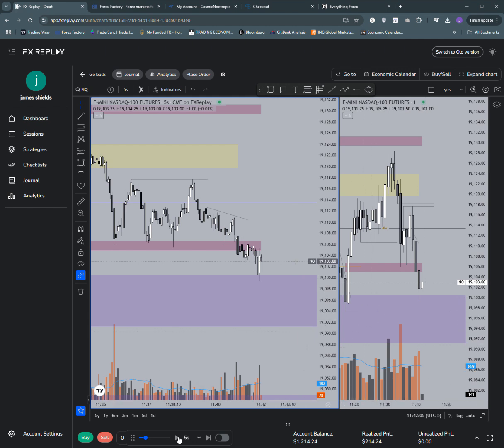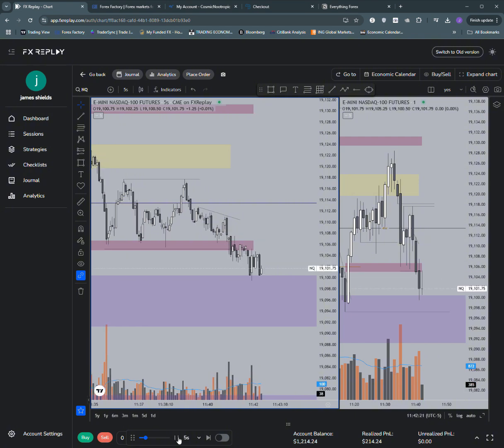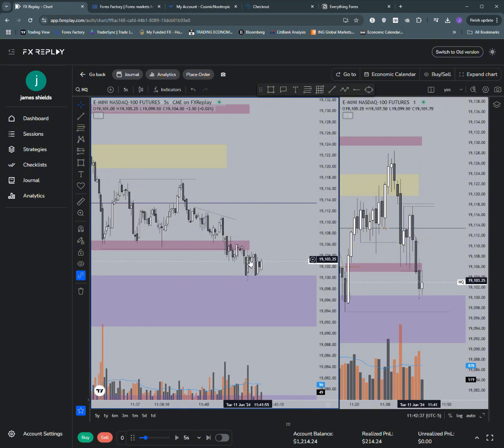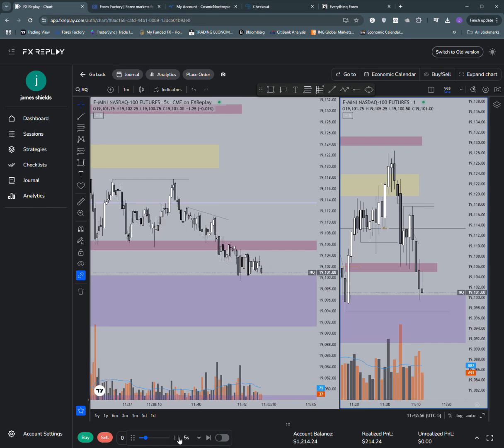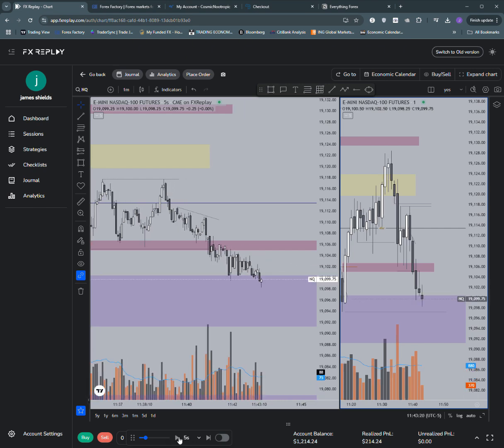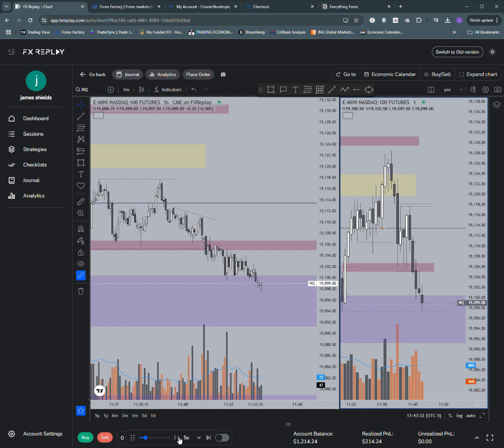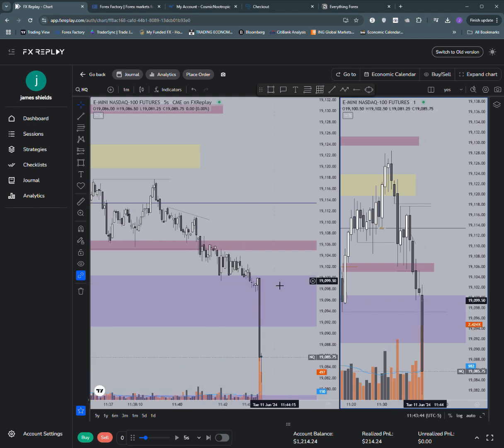Let's see how it closes on the 1 minute. We're at 11:42, so we're almost reaching 11:50 macro, 10:10. We're consolidating right now. $11.43.